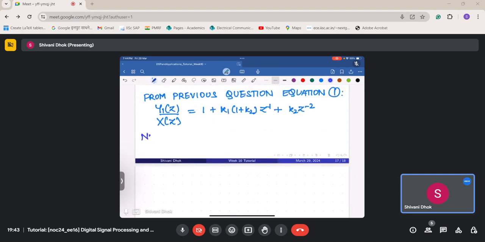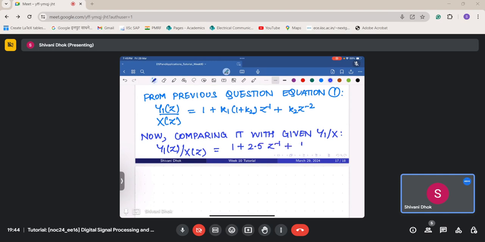Now comparing it with the given equation, which is y1 of z upon x of z given as 1 plus 2.5 z inverse plus 0.5 z to the power minus 2.